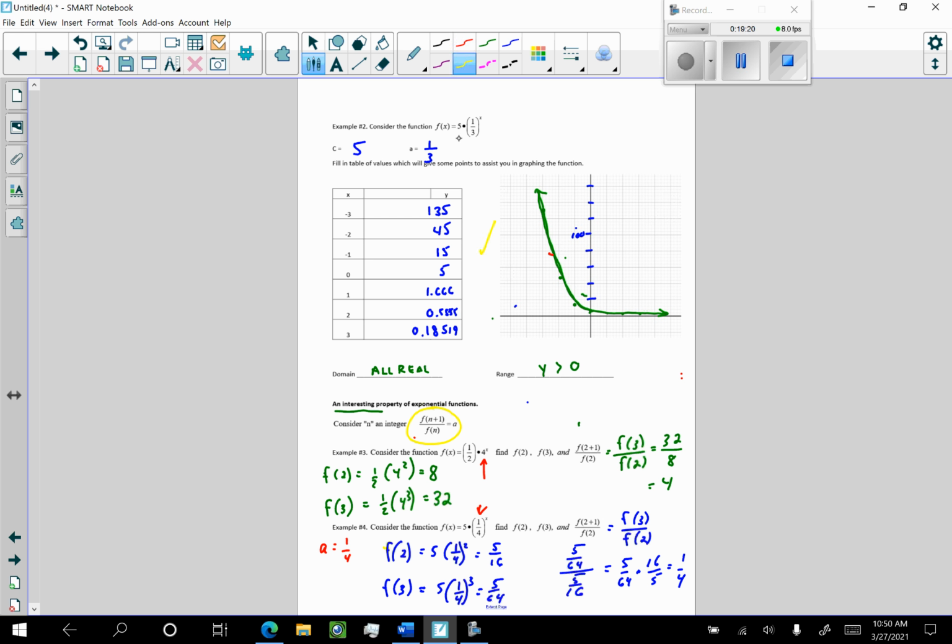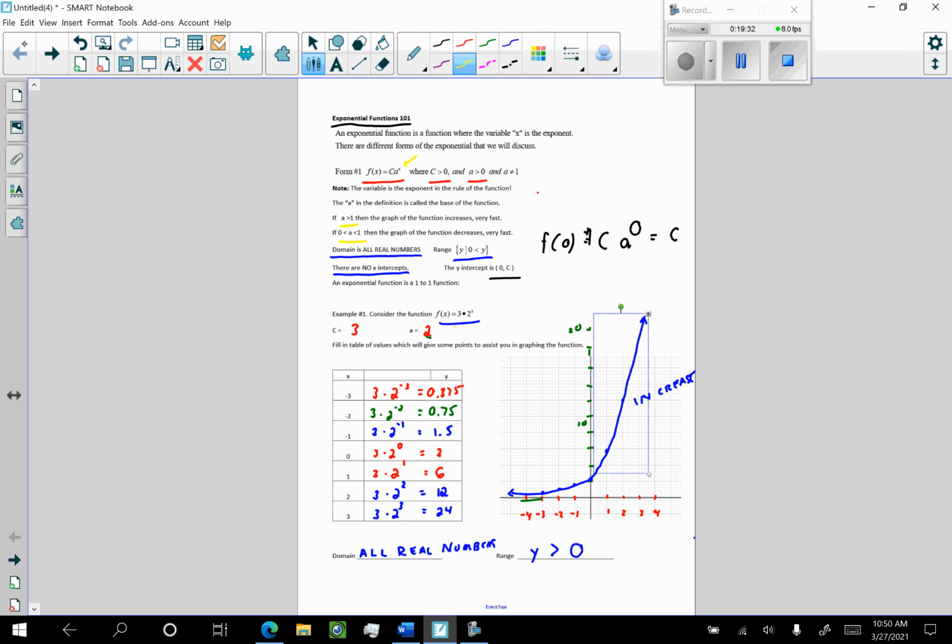We noticed that C was 5, A was 1/3. Since A was 1/3, it's going to be decreasing quickly, as it did. We named the domain, we named the range. And then in the first example we had, C was 3, A was 2. So it increased quickly. We did indeed name the domain, and we named the range. So that's going to be video number 1 on graphing exponentials.